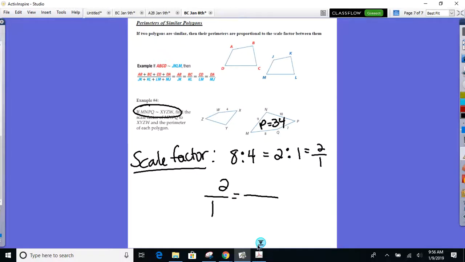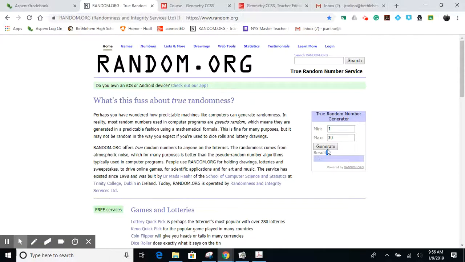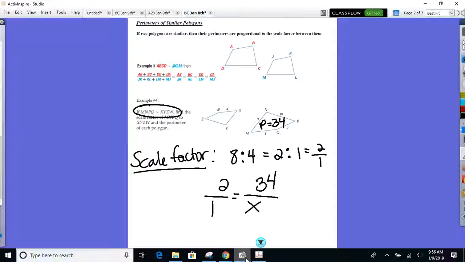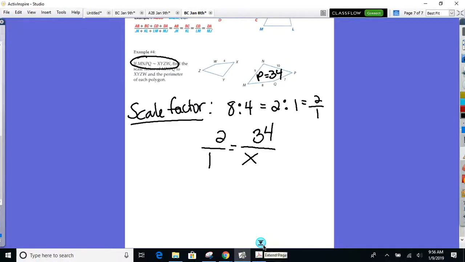With the 2 or with the 1? With the 2, because it's the bigger one. So whatever the ratio of the sides are, it's the same as the ratio of the perimeters. And now you guys can solve that pretty easily, I hope, and find that, what is it? 17. Look at that. Way to end it.